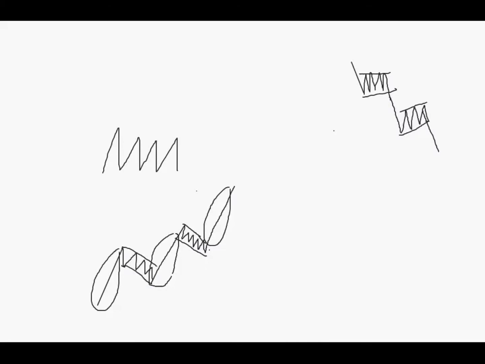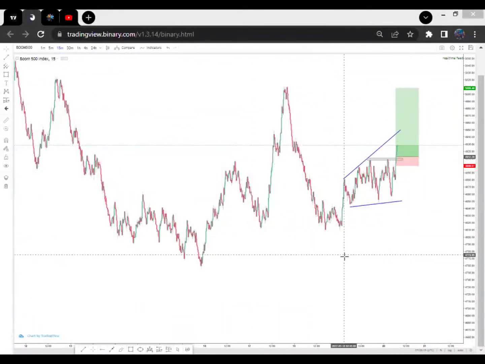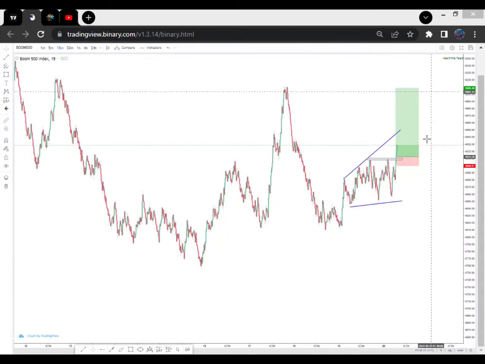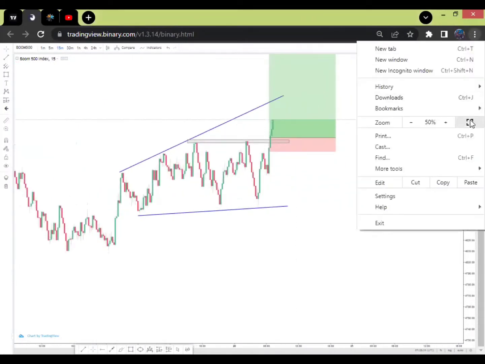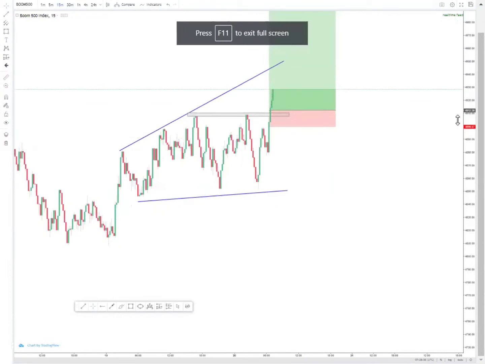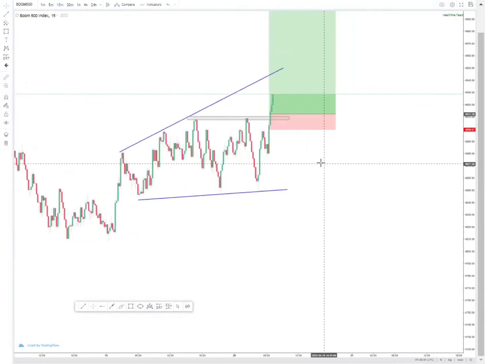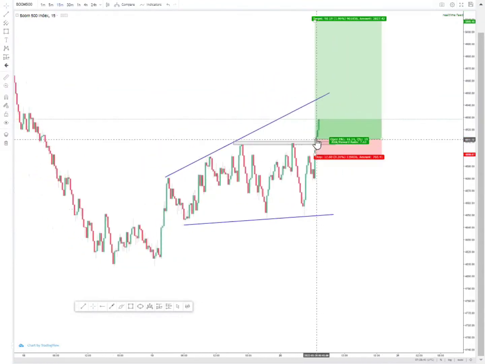How do I exit this? Okay, guys. I'm currently in this trade, and I just took a trade after a breakout.